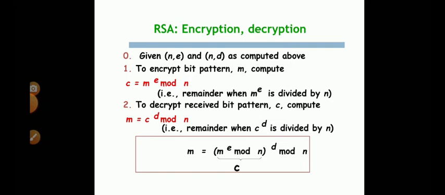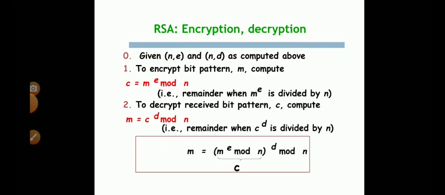And how are encryption and decryption performed? First we have computed the public key n comma E and the private key n comma D. Then we have to encrypt and decrypt. First, let us discuss encryption.